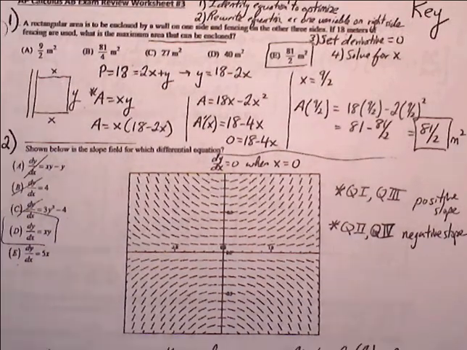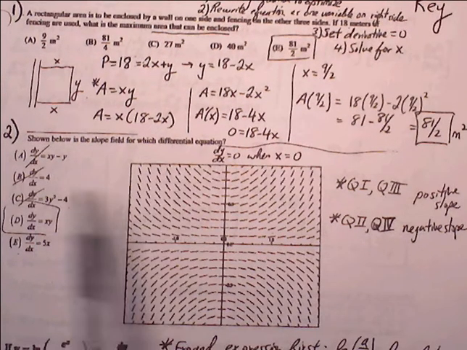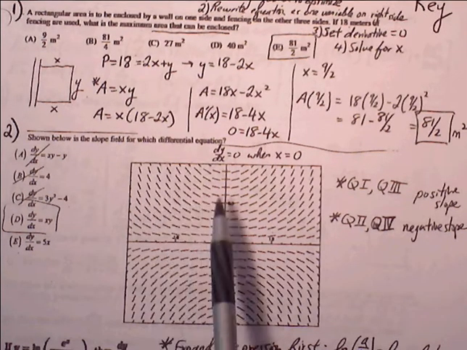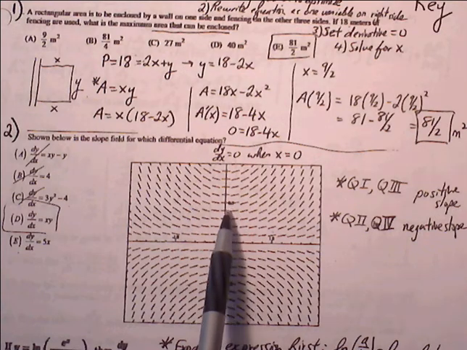Right, number 2, we have a slope field question here. What we're trying to do is match the slope field with the correct differential equation. Now remember, when we're looking at the slope field, each of these slope segments represents the slope of the tangent line for a particular graph.